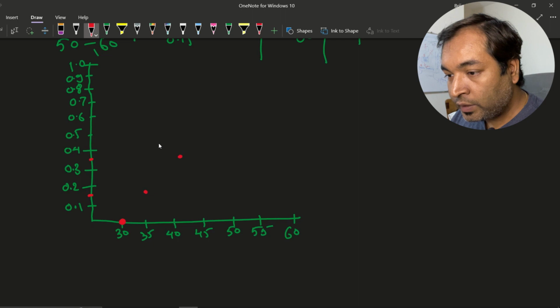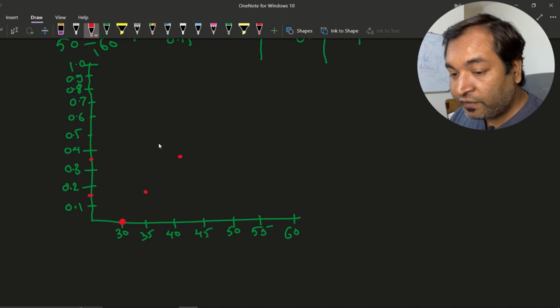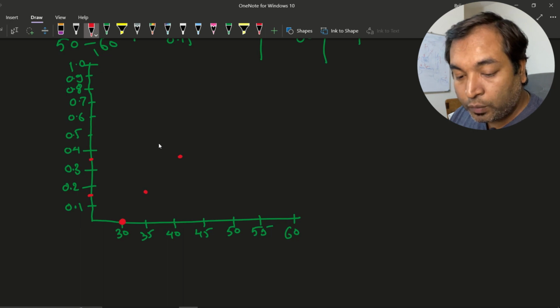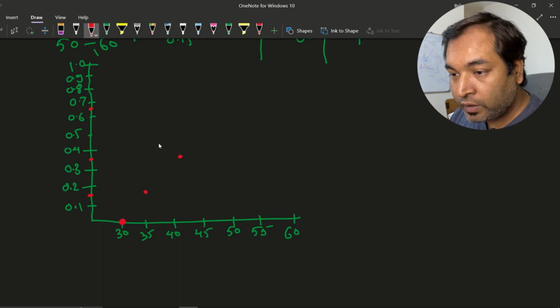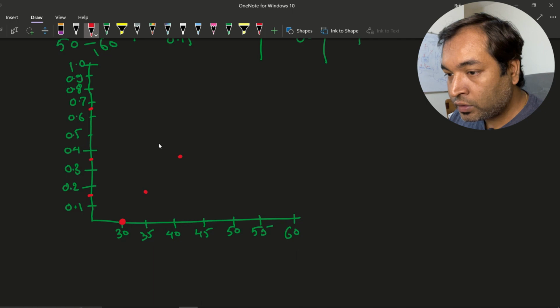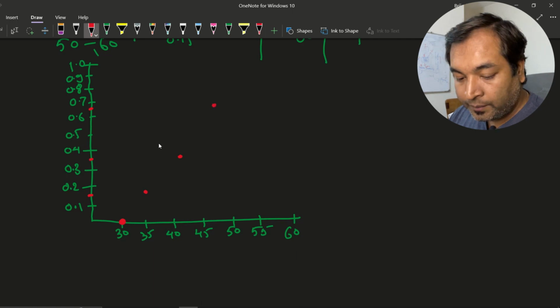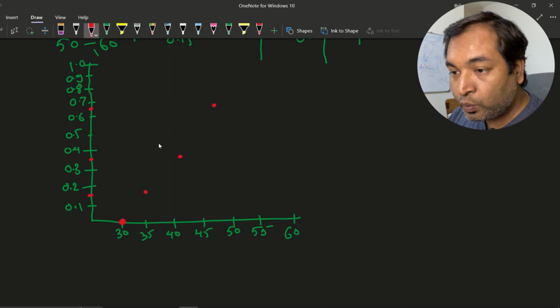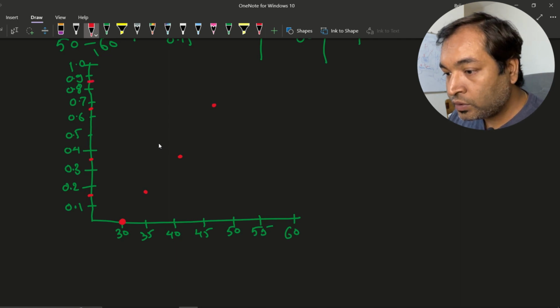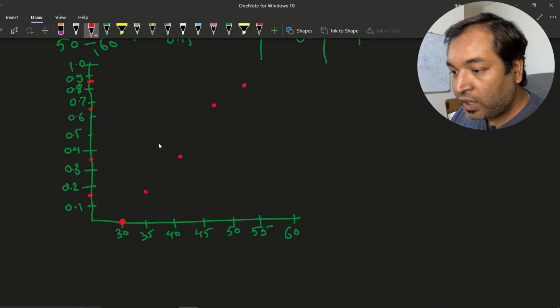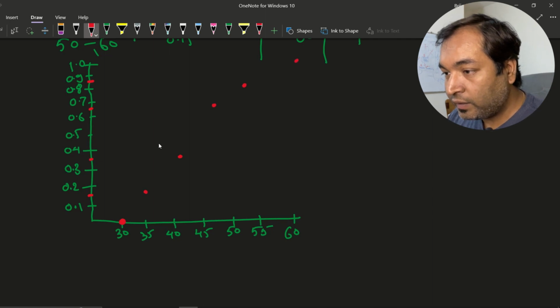For 45 we have 0.65, so 0.65 comes here. And for 50 we have 0.85, so 0.85, and for 60 we have 1, right?